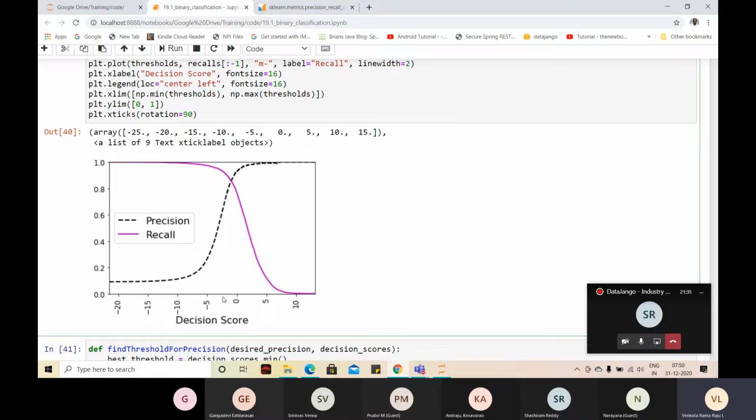Sometimes the user may ask, I want high precision, but recall should not go worse. So we will choose a threshold somewhere here, so that precision and recall are kind of balanced.